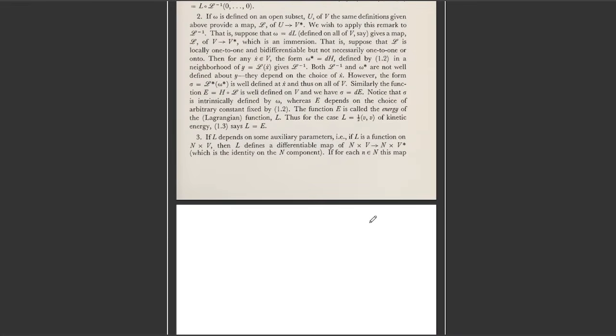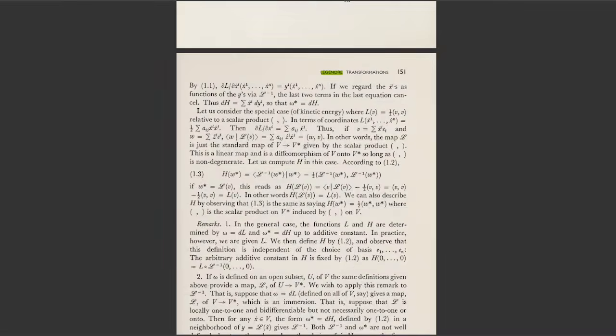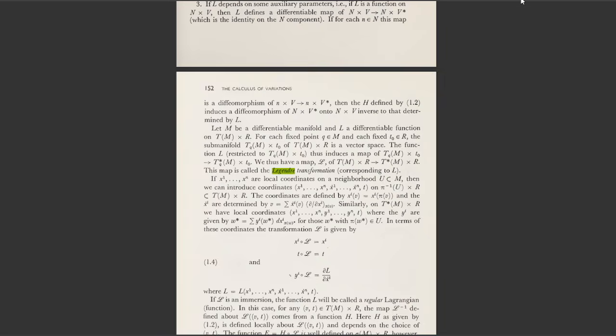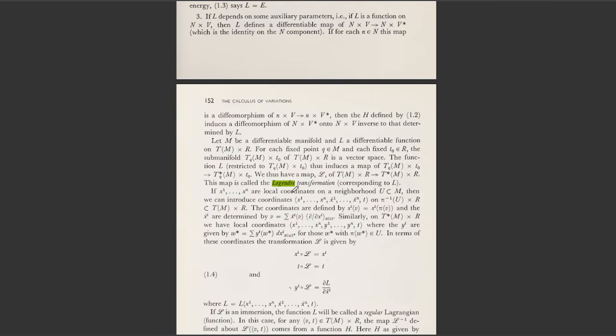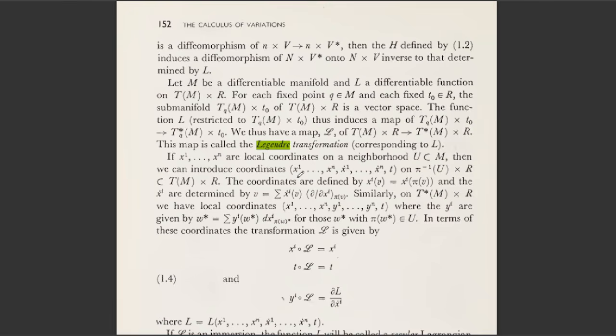Now, the geodesic equations come from variational principles, and we can talk about something called the Legendre transformation. The Legendre transformation is nice because it is a very powerful idea.